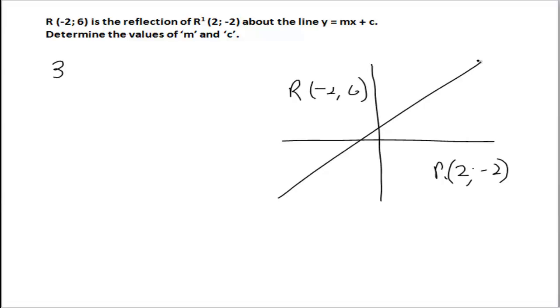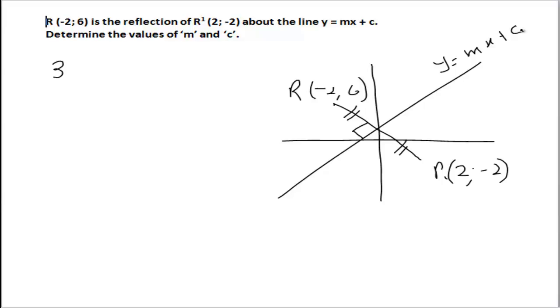So what does it mean? It means that we need to know what the axis of symmetry is, in respect of this: y is equal to mx plus c.